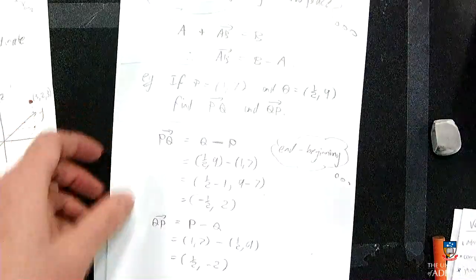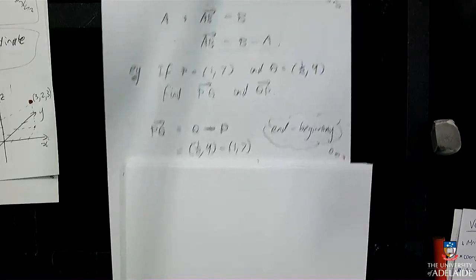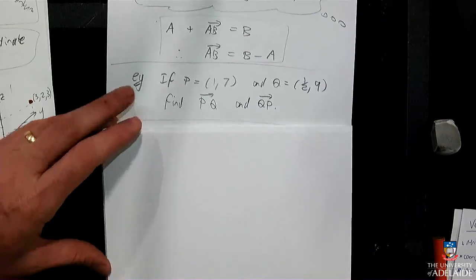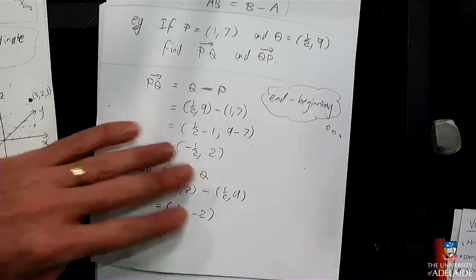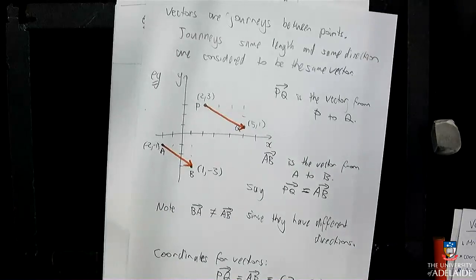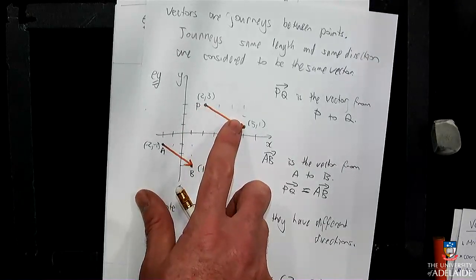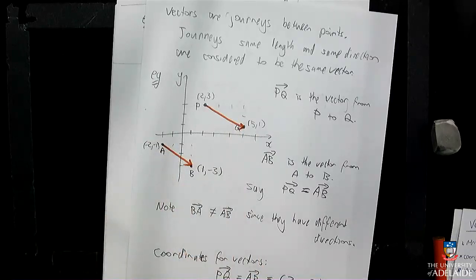Now it's going to become useful to give names to my vectors that aren't talking about which points they go between, because at the moment PQ is the same as AB, but they're referring to the points A and B. If I had a new name for just what that vector was, I'd be able to do some stuff.